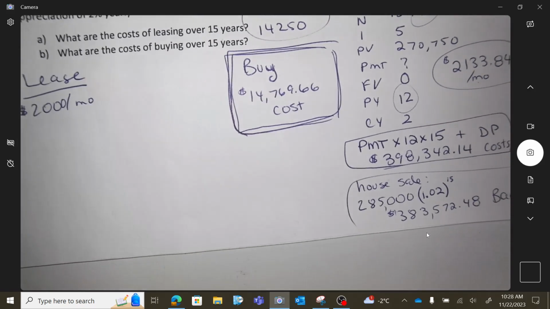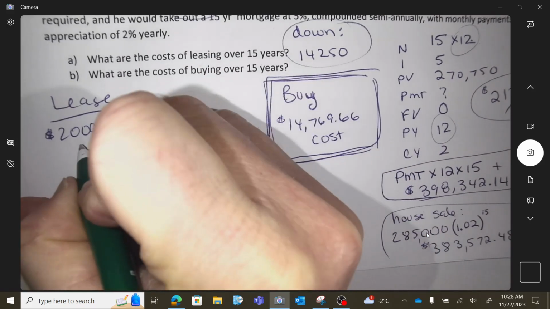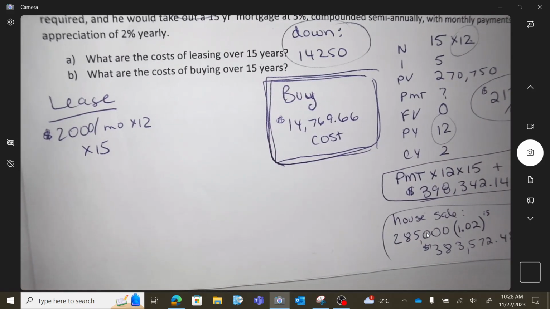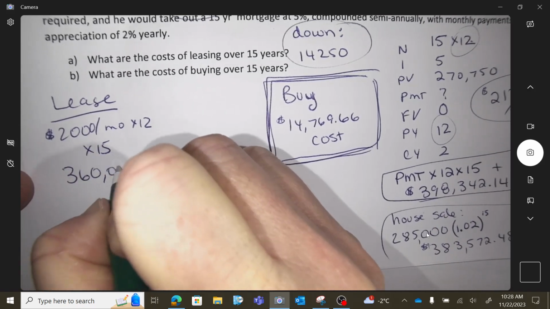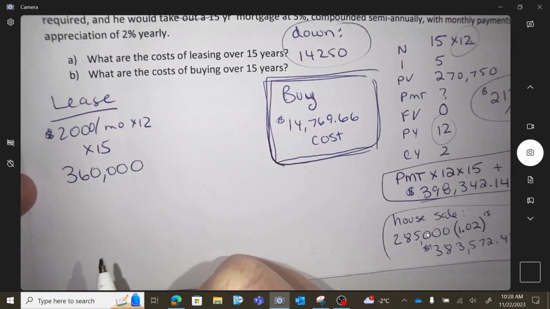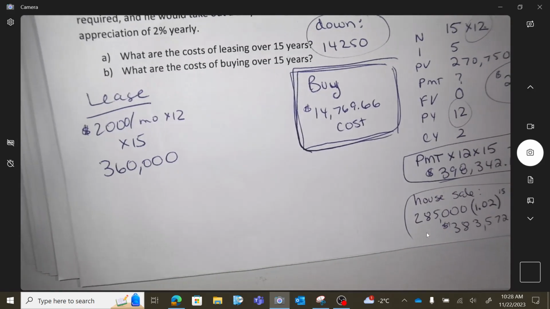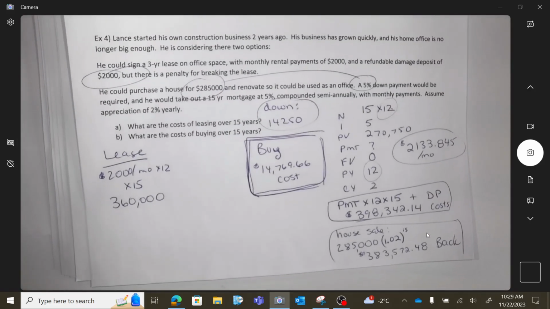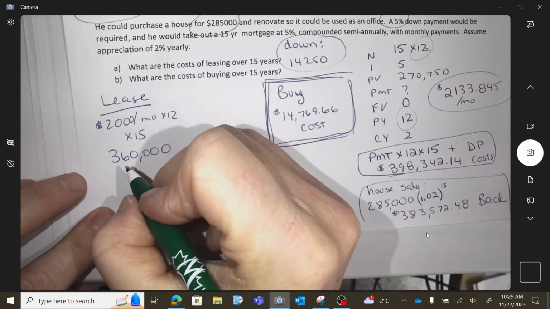So leasing, if we do this every month for 15 years, that's how much it cost me.